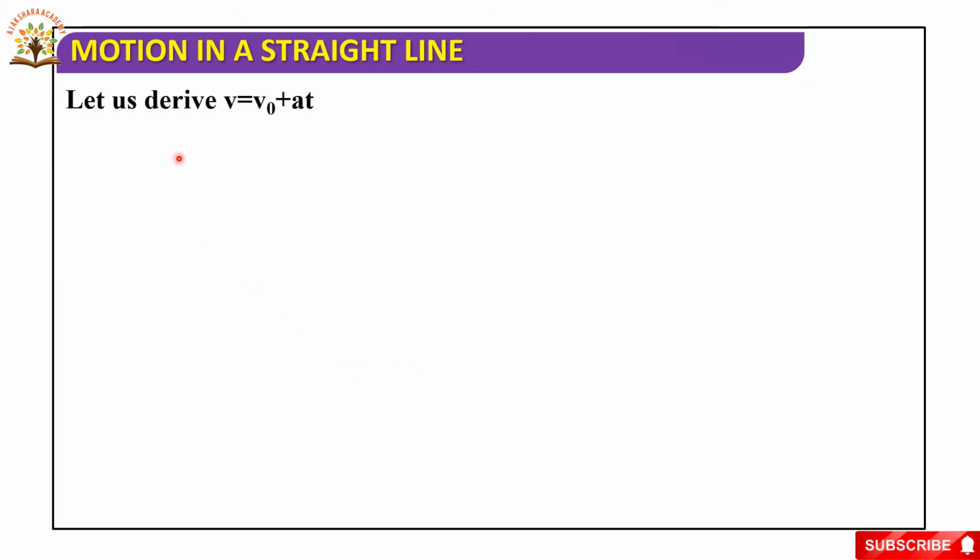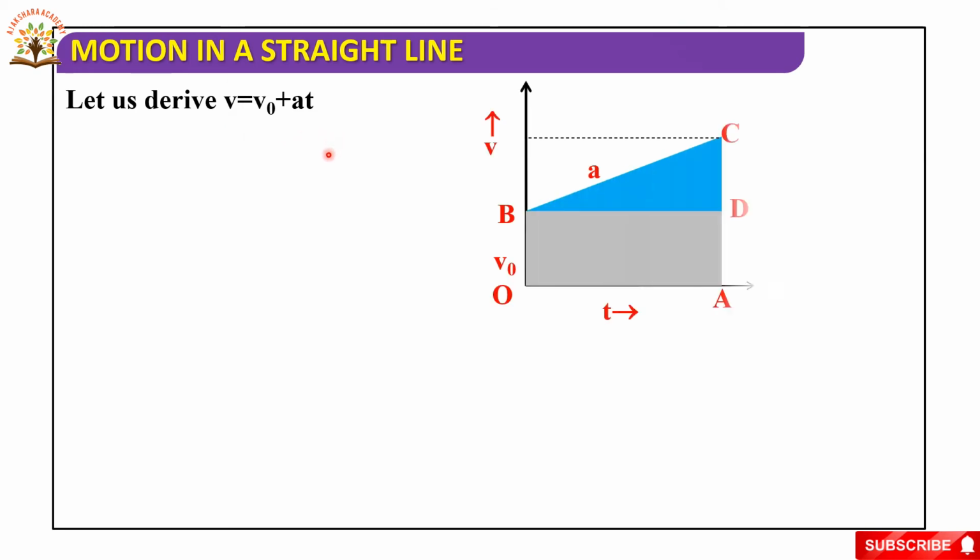Next, let us derive v is equal to v naught plus at. Here we are taking the v-t graph, and v naught is the initial velocity. Acceleration a is nothing but change in velocity by time taken, that is dv by dt. Now a is equal to v minus v naught by t.